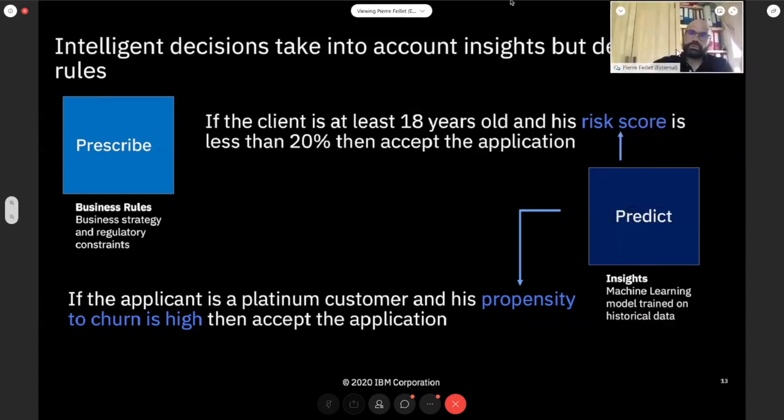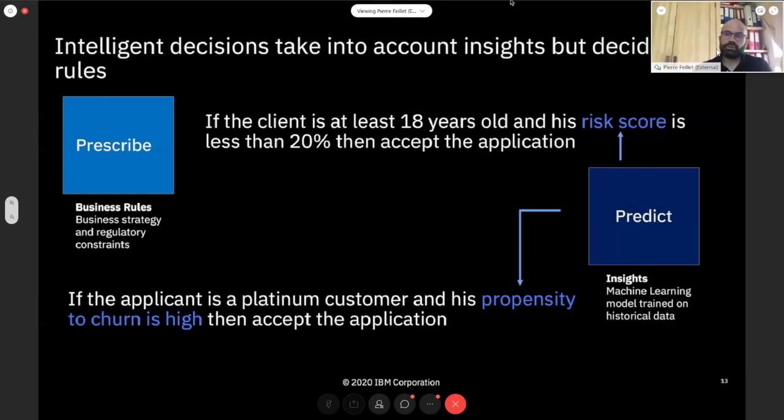And the risk score here is coming from an ML model. So this ML model can be computed directly inside the rule engine, or it can be done remotely. And we have several solutions to make this integration happen between the rule engine and the ML algorithm.